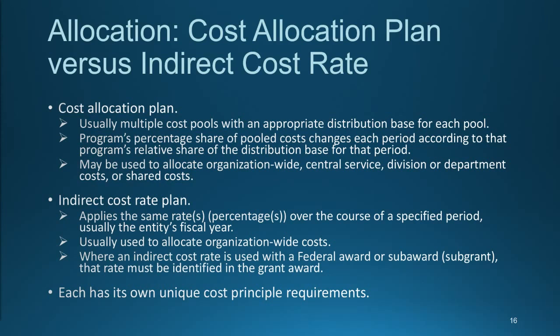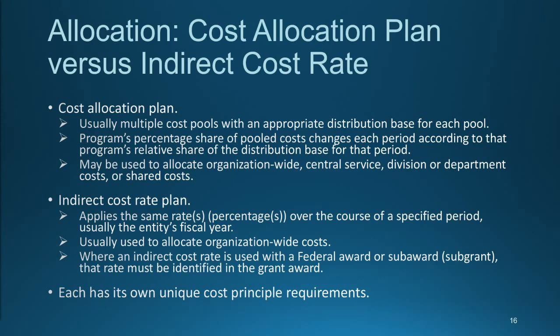Ordinarily, an indirect cost rate, if your organization has one, deals with the organization-wide, high-level indirect costs that the organization has, while a cost allocation plan might be more frequently used for costs that are direct to a specific division or department that it needs to allocate to the awards that it receives, for example. That's just one example. That's not a general one-size-fits-all rule. That's just a scenario that you might keep in mind.